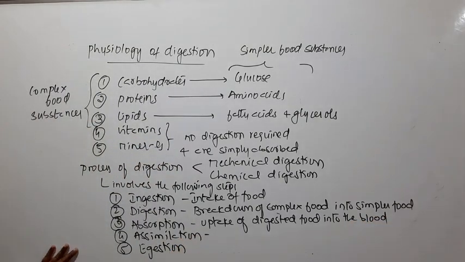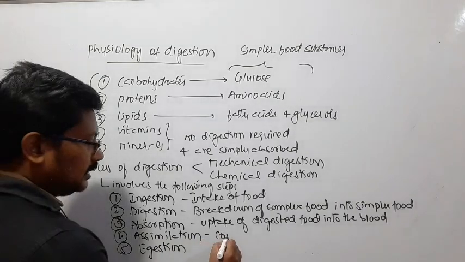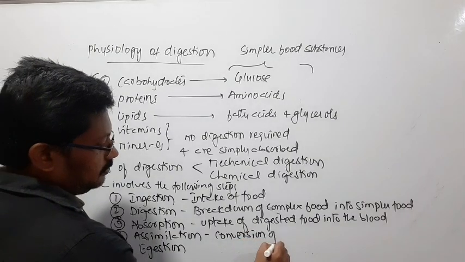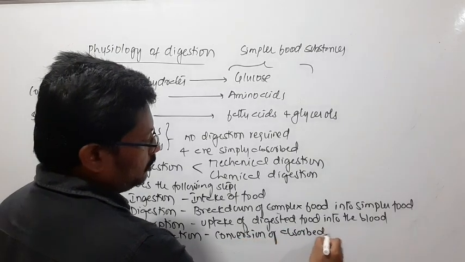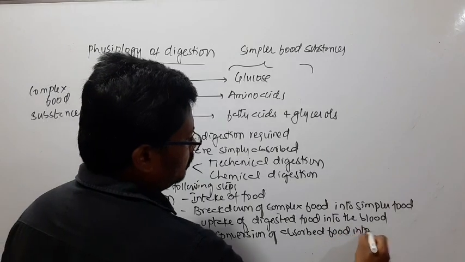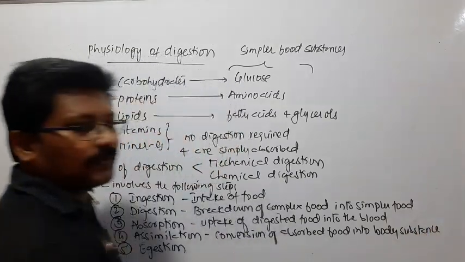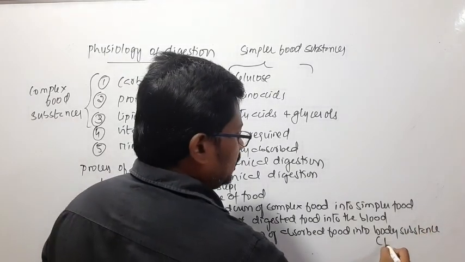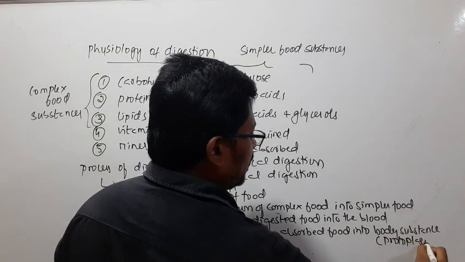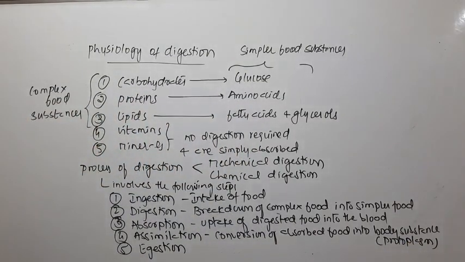Assimilation is the process of conversion of the absorbed food into body substance. That body substance is the protoplasm of the body. When it gets converted into our own body substance, the process is called assimilation.